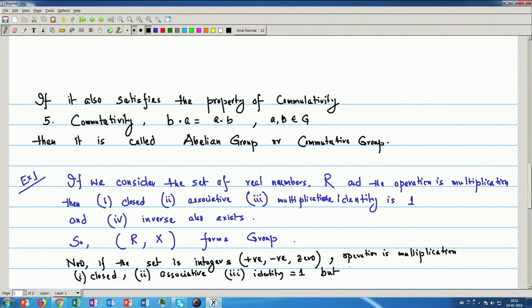So, integers with multiplication as the operation is not a group.